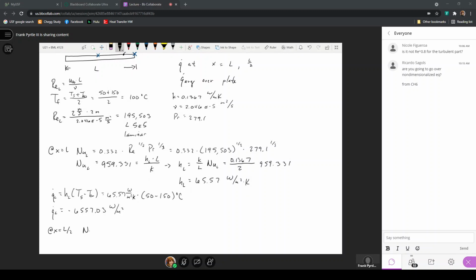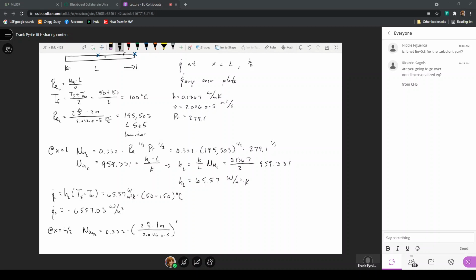the Nusselt number at L over 2 is 0.332 times, now this will be the Reynolds number at that position. So here I'm just going to substitute in the values of 2 meters per second times 1 meter, just so this is clear what quantities we're actually using here. Because at L, if L is 2 meters, L over 2 is just 1 meter. We use the same kinematic viscosity.